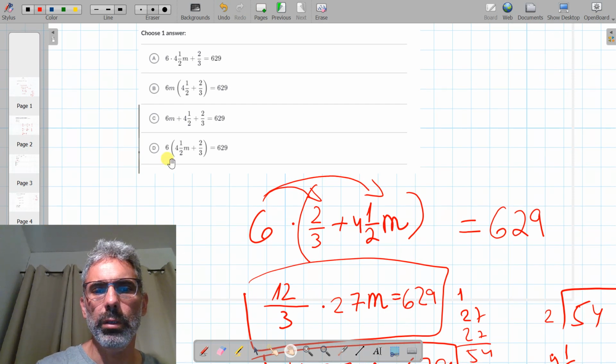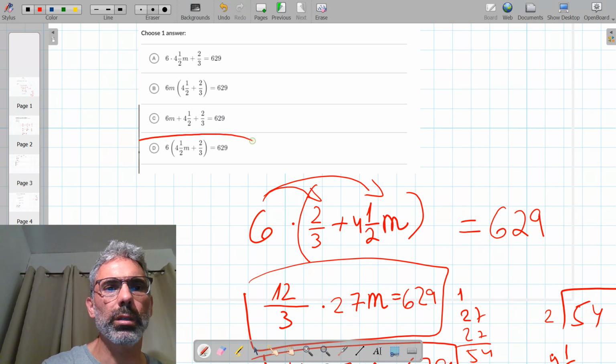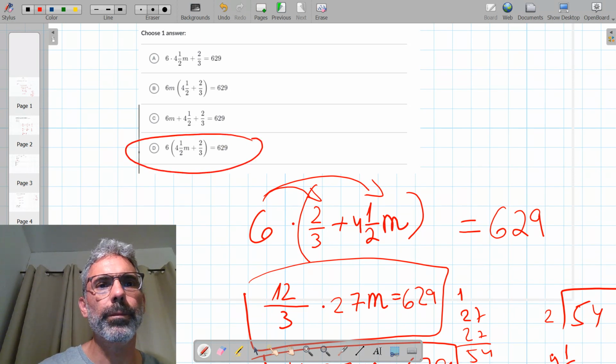Okay, so we have here the equation 6 times 4.5m plus 2/3 equals, okay, so D is the correct answer. Here it's not correct because the 2/3 is not multiplied by 6, and 2/3 has to be multiplied by 6 because 2/3 is the mass of each packaging.